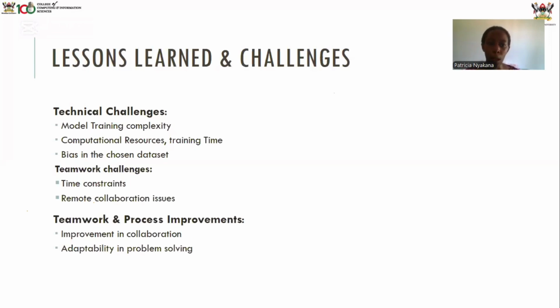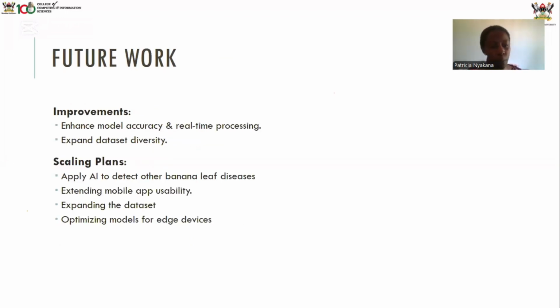So when we put in an image, the model is biased and leans more towards the Xanthomonas class. Then teamwork challenges, there's time constraints as well as remote collaboration issues because we're using Google Colab. Then teamwork and process improvements. There's improvement in collaboration and adaptability in problem solving.